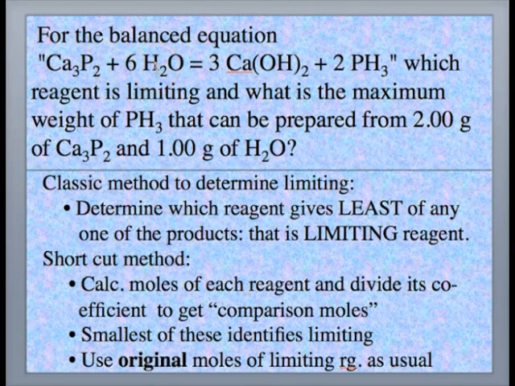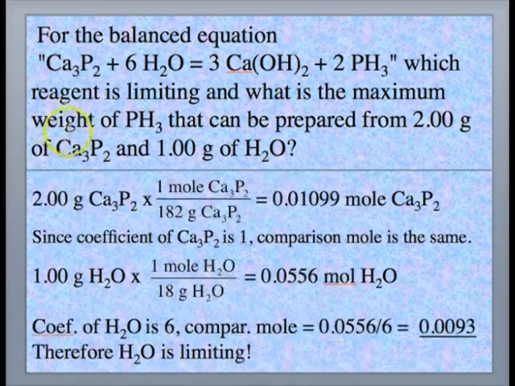For the water, you would again find the moles of water that you have, but you divide those moles by 6. Then you would compare those comparison moles, and the smallest of those identifies the limiting reagent. Then you go back and use the original moles of the limiting reagent as you normally would to calculate the amount of product or the amount of the other reagent that's going to be used.